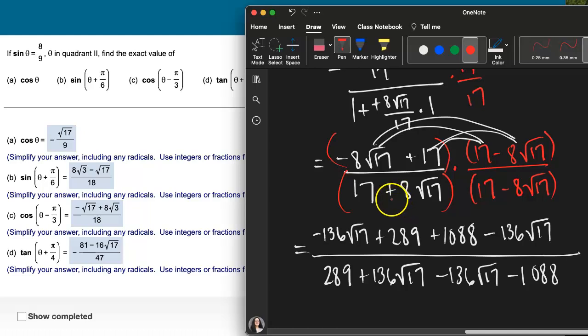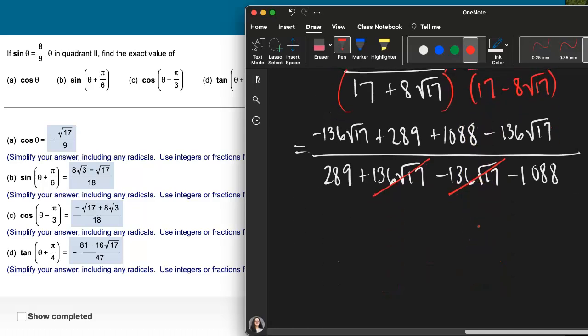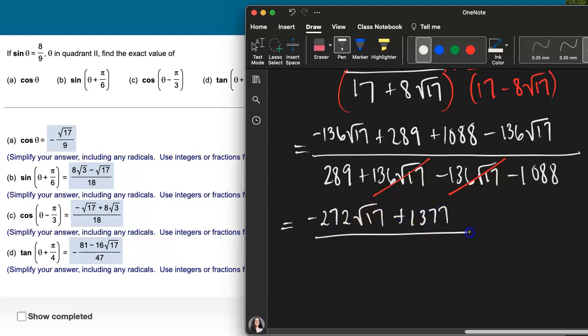And again, the reason why we always use the opposite sign here, or conjugate, you could say, is because we want these terms eliminated, and they contain the radicals, so that when we further simplify, all right, here's where we end up with that step.